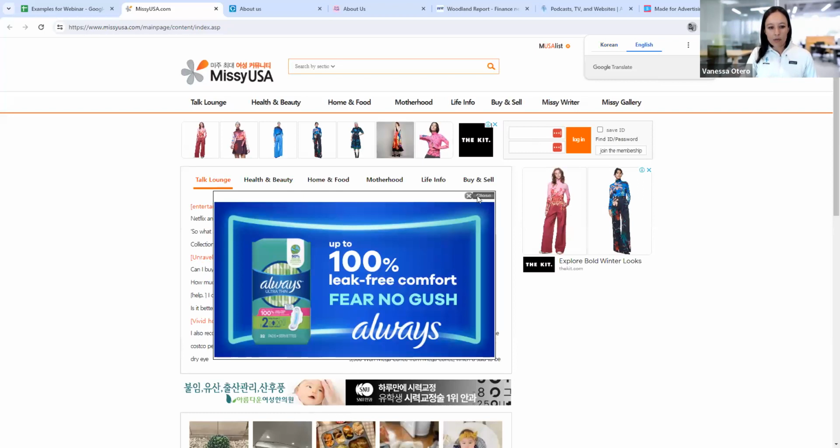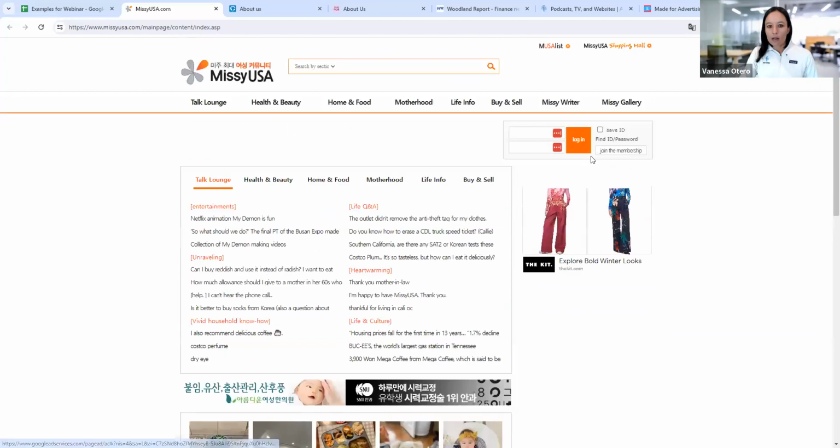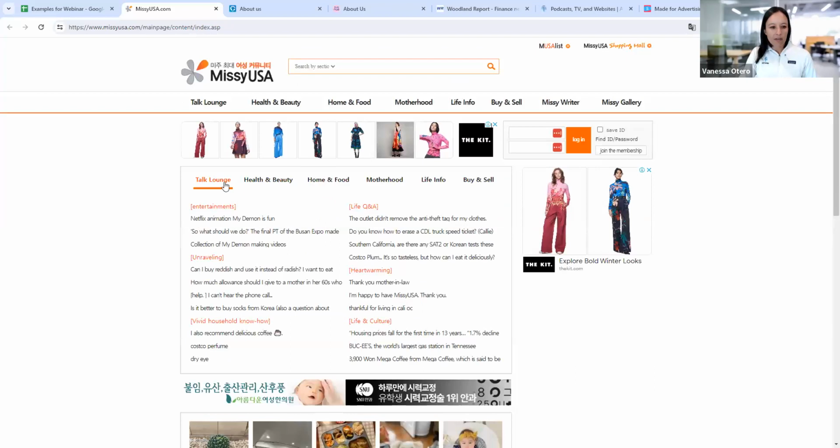It has a large pop-up ad here at the top, and I'm going to close out. And what does it have? Talk lounge, health and beauty, home and food, motherhood. So if you were looking at some of the things that we pointed out, you'd say, I wonder if this is MFA.